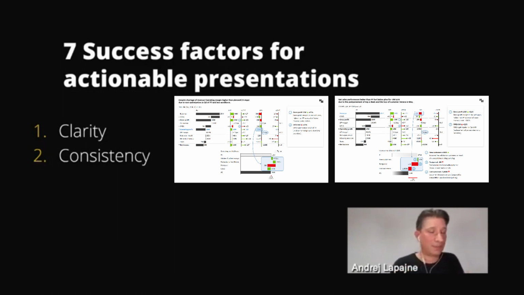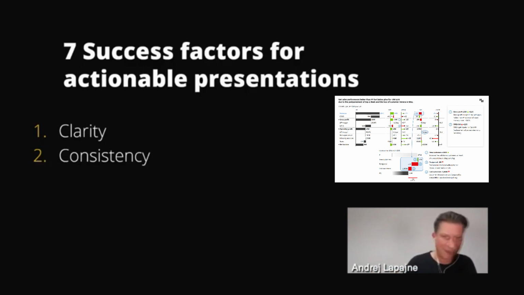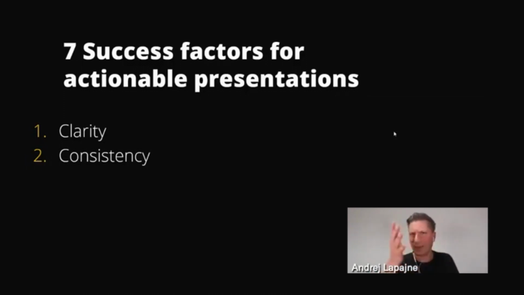So maybe it's green for the positive variance, red for the negative variance. Then we are using some patterns, what is the actual data, what's the forecast, what's the plan, so that when I see it, I immediately understand the notation, right? I can just read it as a language. So the consistency is extremely important.